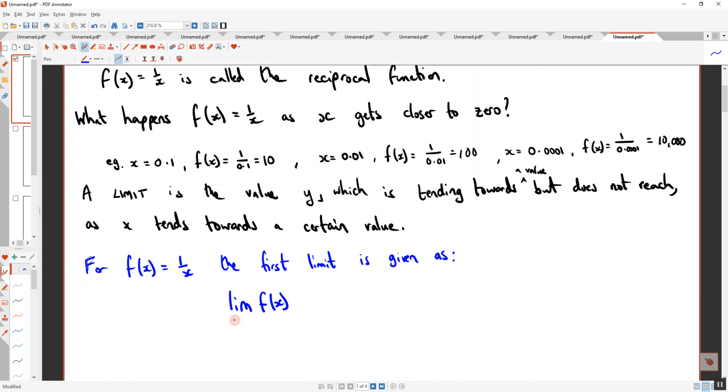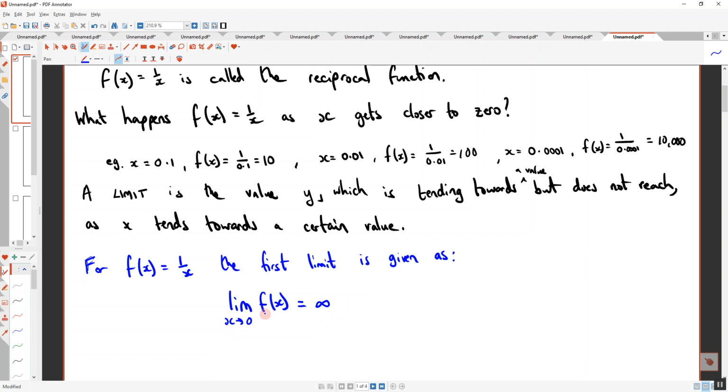And we're saying as x gets closer to what value? 0. Then what does this whole thing tend towards? Infinity, right. So that's how we would write it.